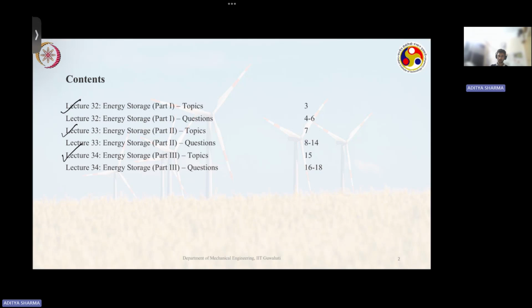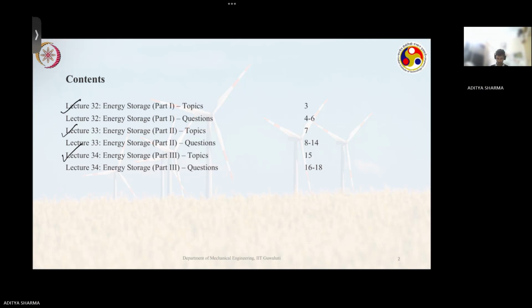Then in lecture 34 you have flywheel energy storage system and electric batteries, then a few other miscellaneous storage systems. All right, so this is about this week's content. The content of the session is as mentioned in this slide.